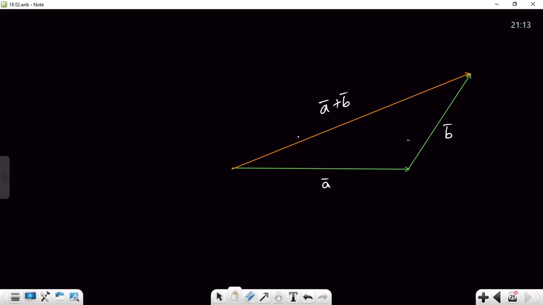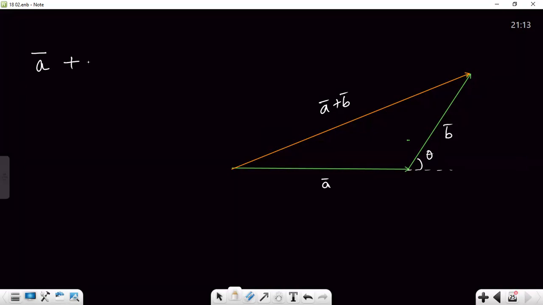You have to find out the magnitude of A plus B vector. You do not know the A vector and B vector completely. You only know their magnitudes and the angle between them. This angle you know, and you know the magnitudes of A and B. Now how are you going to find out the magnitude of A plus B? It's simple.